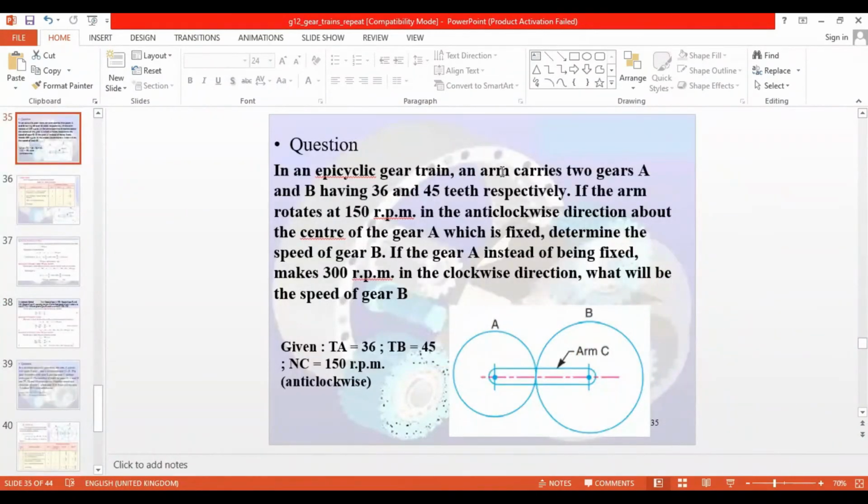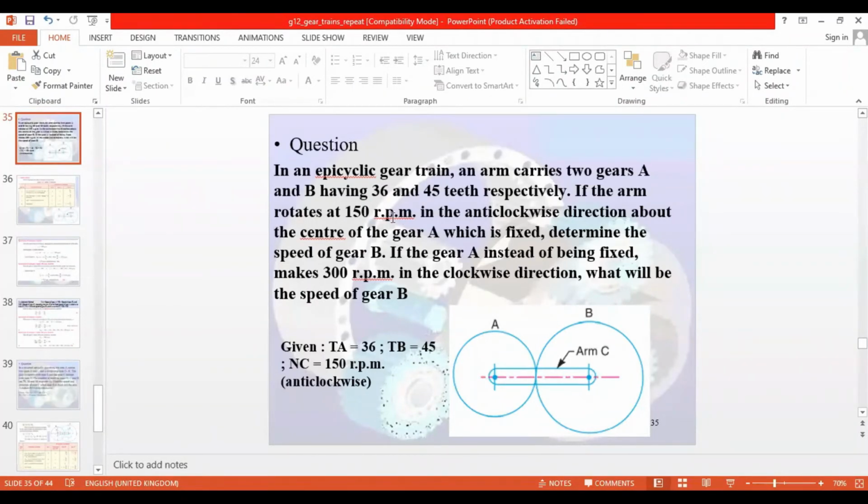An epicyclic gear train arm carries two gears A and B, having 36 and 45 teeth respectively. So A has 36 and B has 45 teeth respectively.